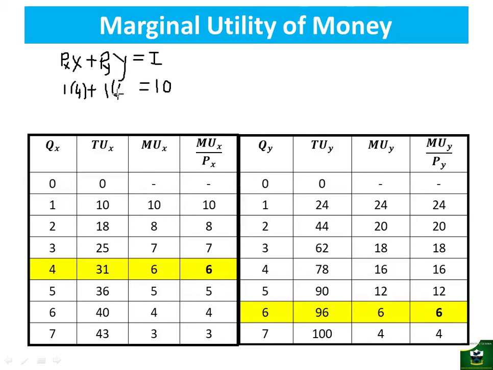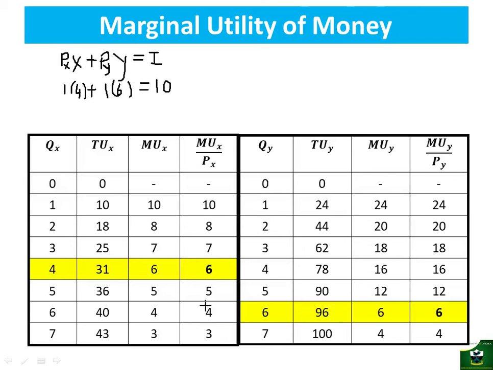So we put 6 here. So if we multiply this and then we multiply this and add, we see that this side will be 4 plus 6, which will be equal to 10. Meaning already we've seen that the ratio of 6 gives us the optimal values.